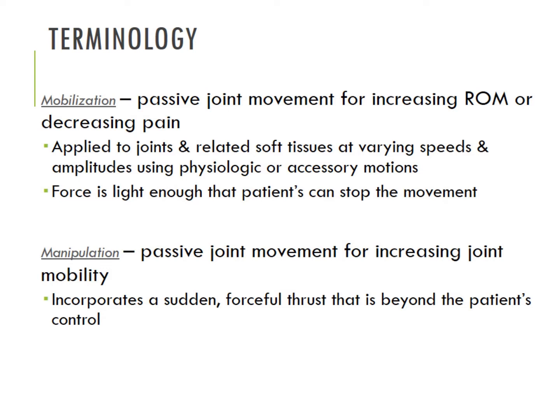Accessory motions, we have learned this also in the previous classes. These are those movements which are happening within the joint surfaces. These are the joint play or the movements like slide, rolling, spinning. These movements which are not under control of a patient or a therapist and are done involuntarily are known as accessory motions.